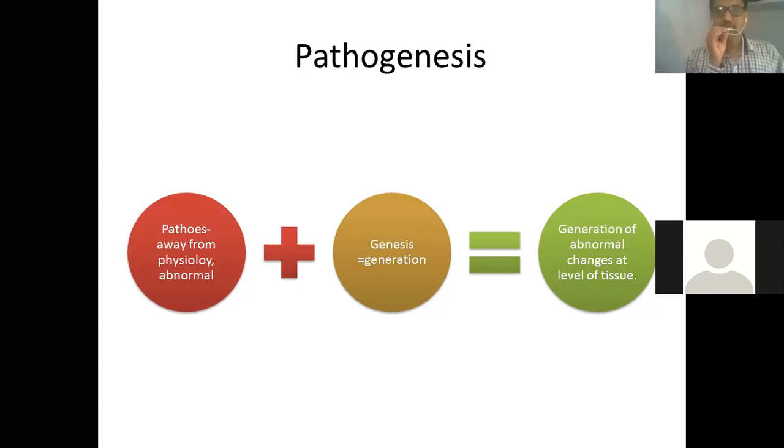The word pathogenesis is derived from Latin. If you study the Latin, two words are combined: one is pathos and another is genesis. Pathos means away from physiology, something abnormal, something structural which is seen at the level of tissue.